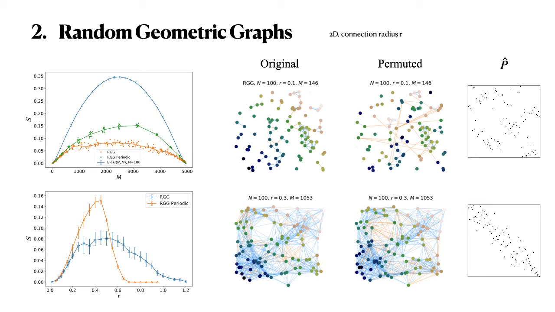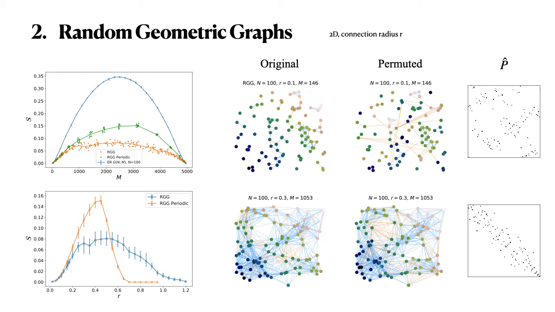On the right here, we're showing 2 examples of RGGs without periodic boundary conditions at a lower and a higher connection radius. One interesting thing is that at r equal to 0.3, in the node permutation matrix P on the right, most of the non-zero elements are located around the diagonal of the matrix, which means that a node is very likely to be permuted to another location that is very close to its original location.